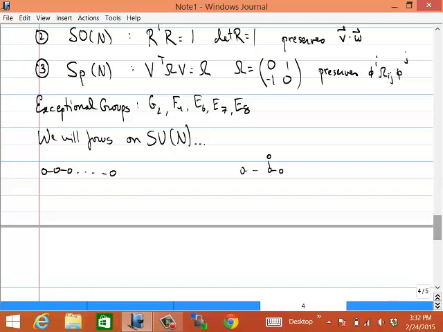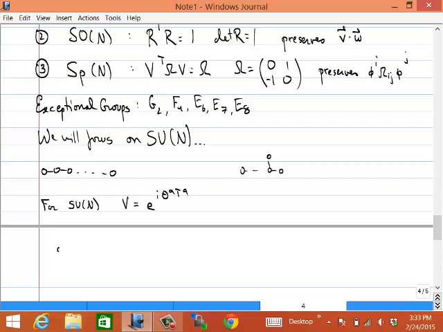So the first thing that we want, let's just focus on the case of SU(N). For SU(N), our group is given by a bunch of matrices V that can be expanded in terms of these generators T^A, where you have some constants theta that are the coefficients in this expansion.